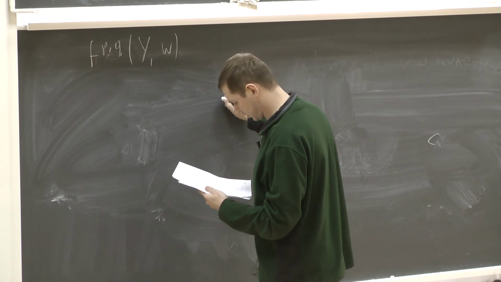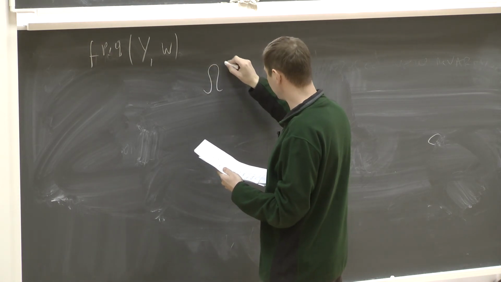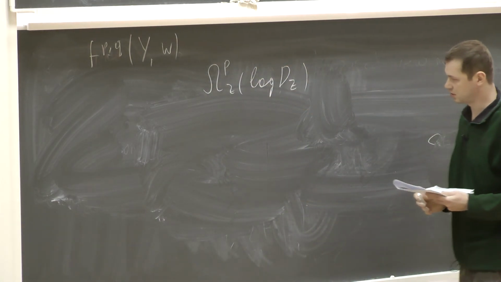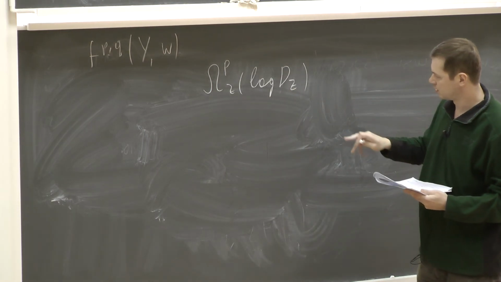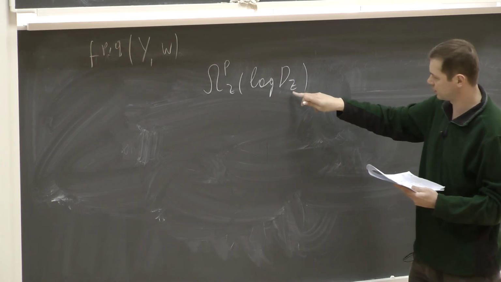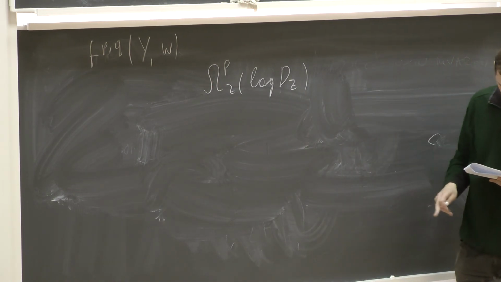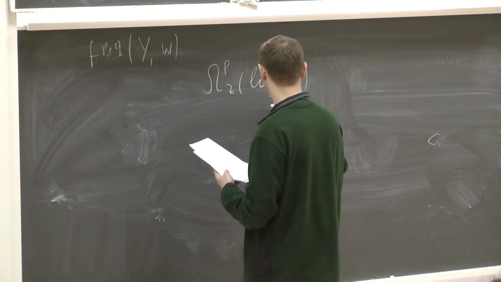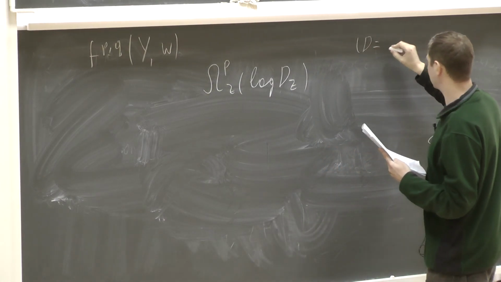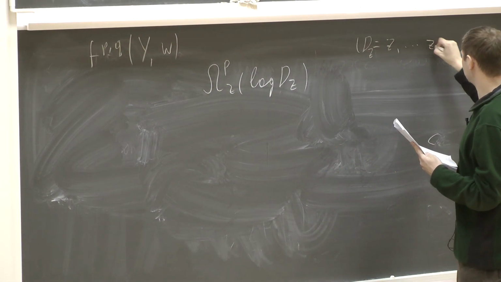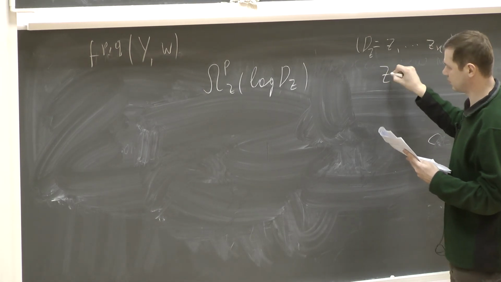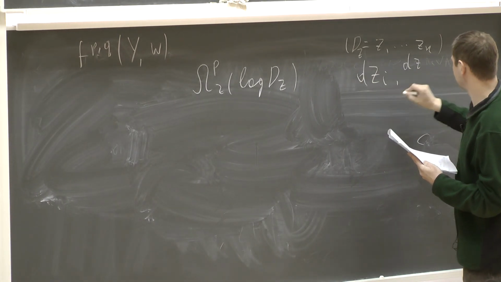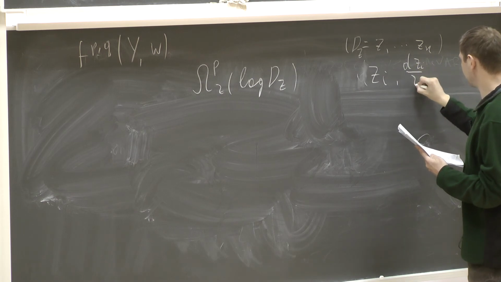So first we consider Omega^p_Z(log D_Z), just the sheaf of logarithmic forms, so differential p-forms which can have just simple poles on components of D_Z. If D_Z is locally given by z_1 ... z_k, then it's generated by dz_i and dz_i over z_i.